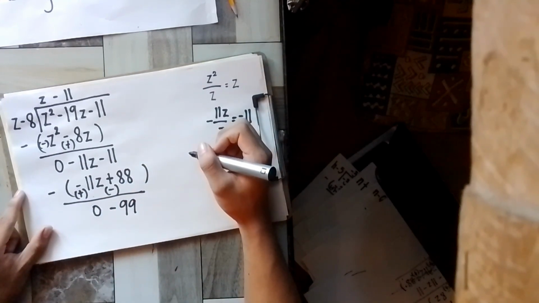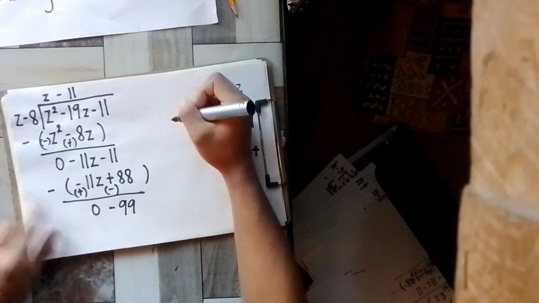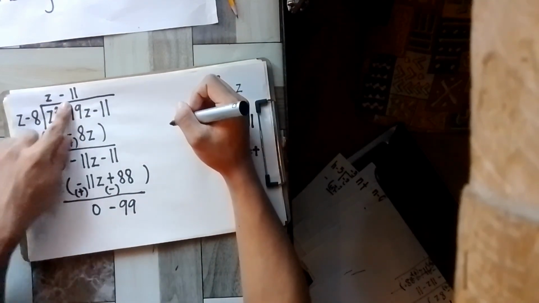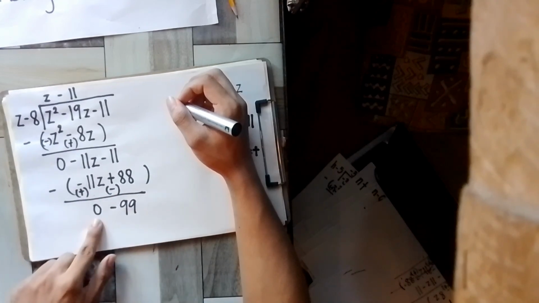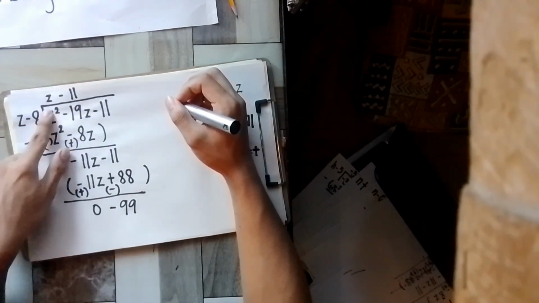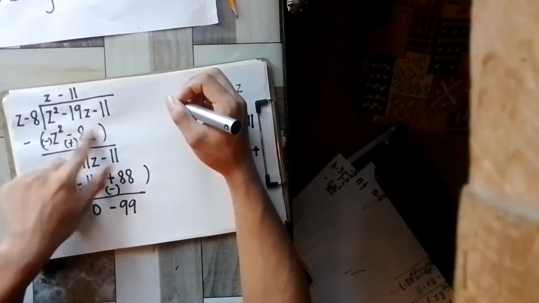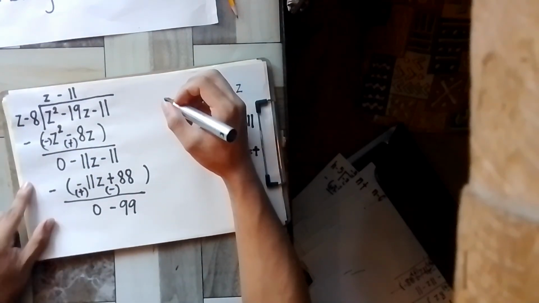As you can see, we have negative 99 as our remainder because negative 99 cannot be divided by our divisor.